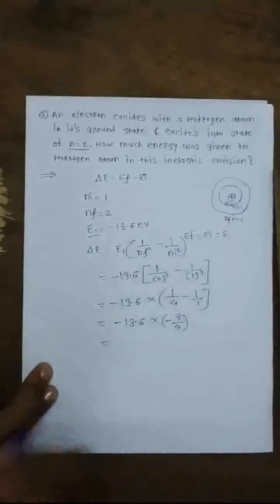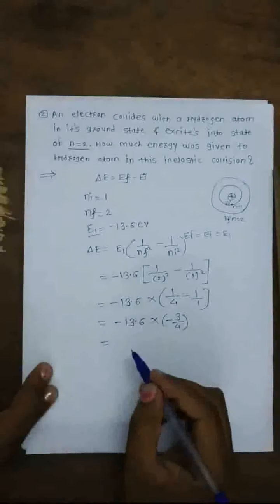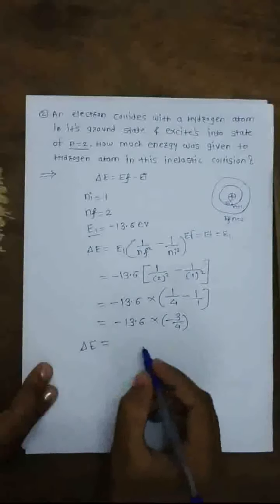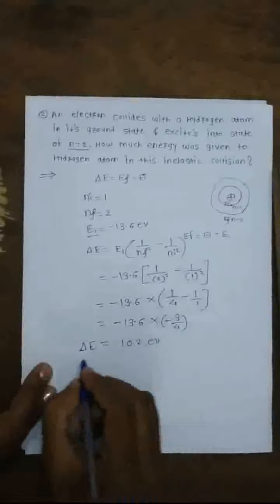Therefore, the energy required for the hydrogen atom in this inelastic collision, delta E, is equal to 10.2 electron volt.